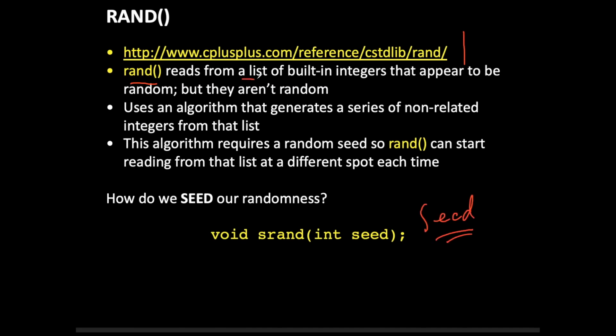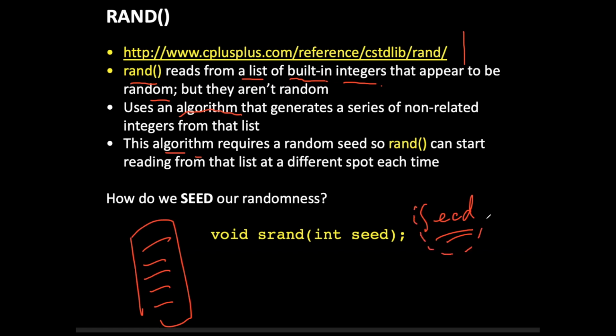For any platform you're running this on, whether a Macintosh, Windows, or Solaris, the operating system maintains a list of predetermined integers that appear to be random. There is an algorithm that generates a series of non-related integers from that list. This algorithm requires some sort of initializer, which is the seed value, to start reading from that list at a different spot each time.